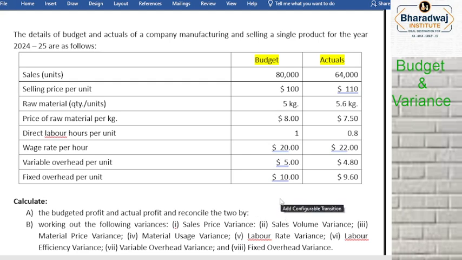Prepare the budget for 80,000 units and actual for 64,000 units. You will get the profit.